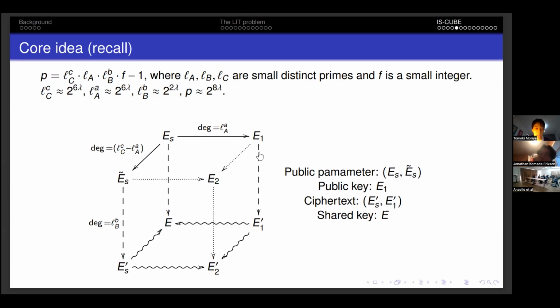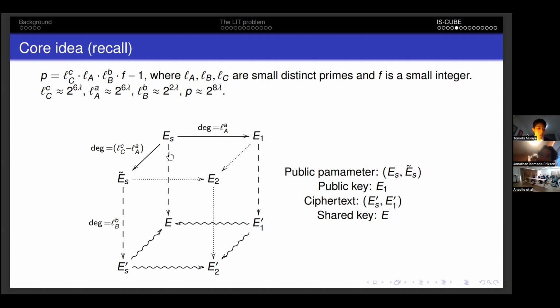And Bob computes the vertical three isogenies, and he outputs ES prime and E1 prime and some other torsion points as a ciphertext. And finally, Alice uses Kani's theorem, and she obtains the shared key E. And this is the scheme of the ice cube.